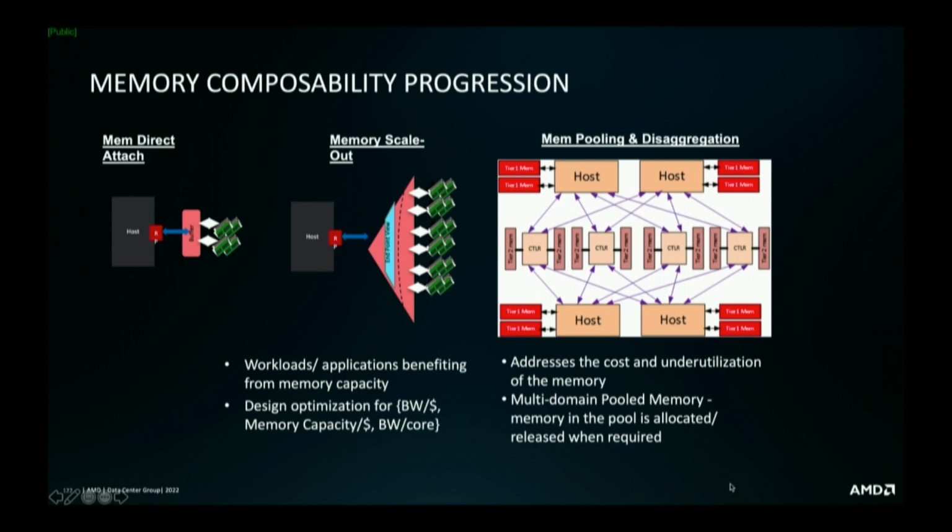If someone says, I need a workload which requires 5 gigabits per second, and you can't meet that bandwidth, then that application suffers. Hence scale-out memory using direct attached CXL-capable buffers is the first step.